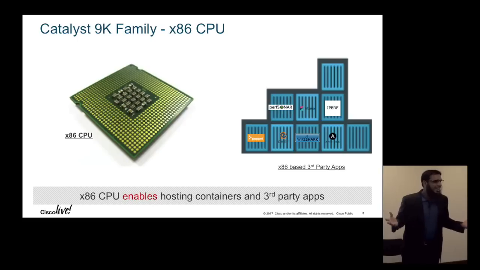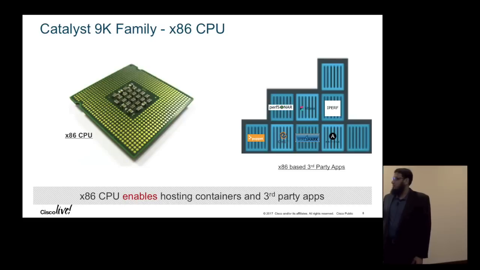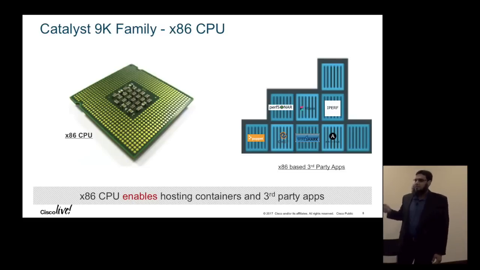Any games, Bitcoin mining, you name it. You can run many applications because applications are typically built for x86-based CPUs. If you have a PowerPC-based CPU, you have to recompile that application and maybe make some changes. But you don't have to do that with the Catalyst 9K.